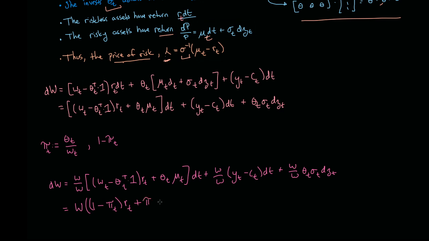Plus pi_t mu_t dt. This W we're not going to use, so we'll just throw it away. Minus c_t dt plus W_t pi_t sigma_t dZ_t. And that is going to be our wealth process, dW.